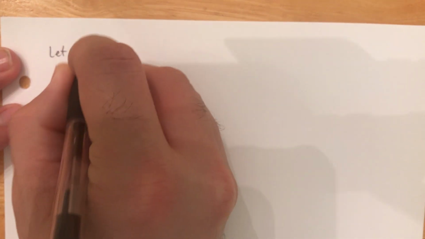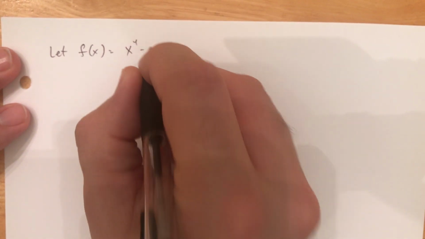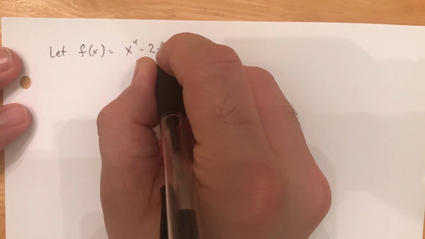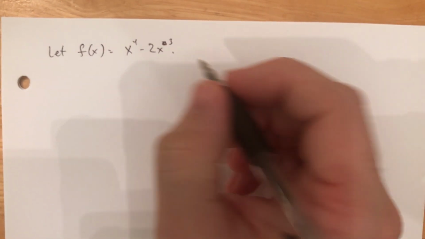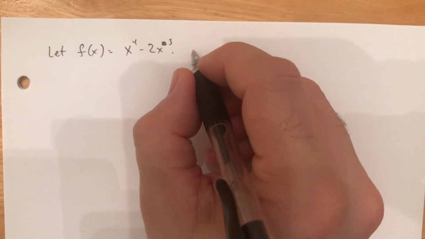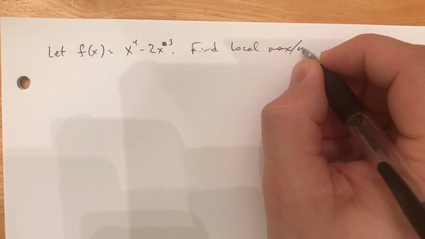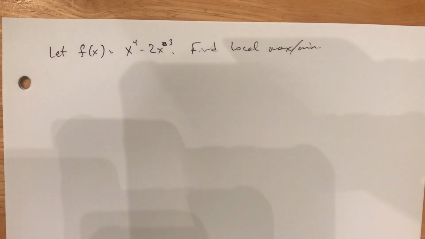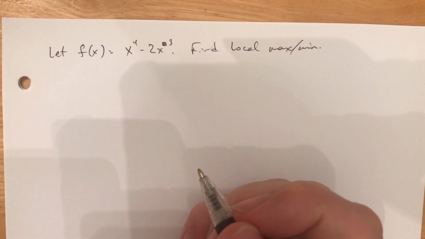We'll take another example real quick and look at, say, f of x is equal to x to the fourth minus 2x cubed. And we want to find any local maximums or minimums that exist. Let me change this up just a little bit.